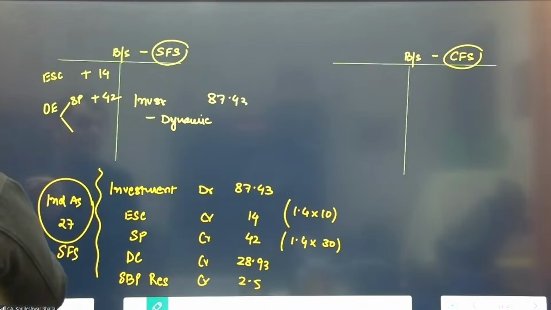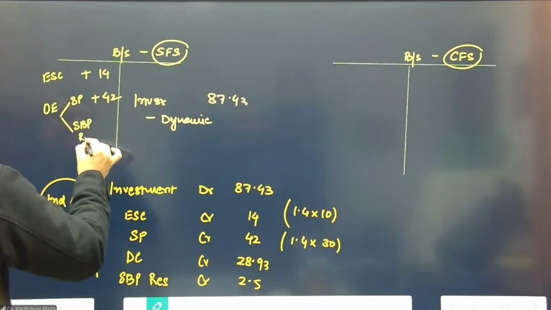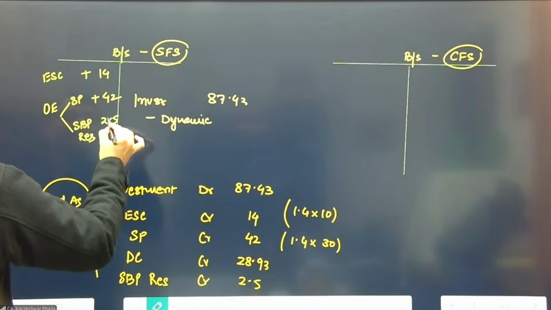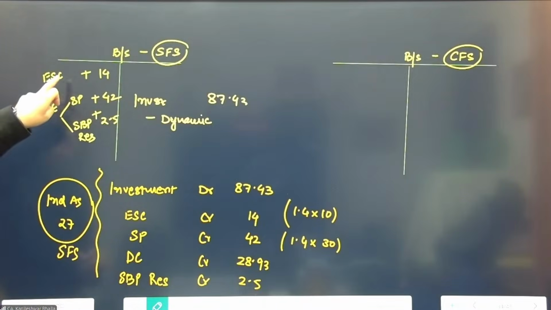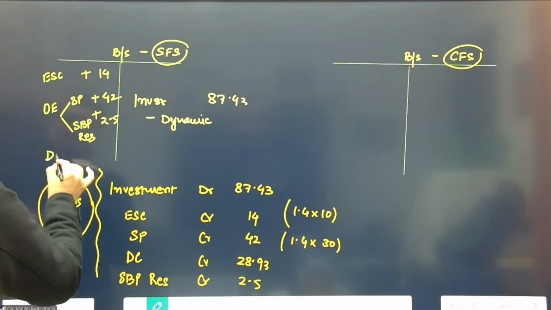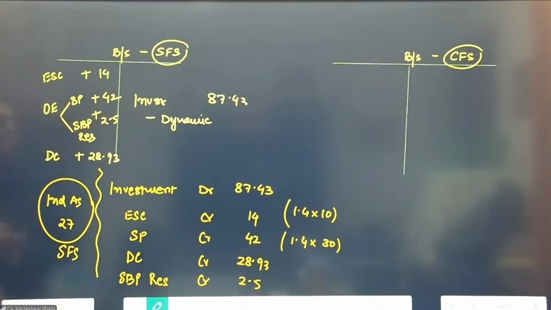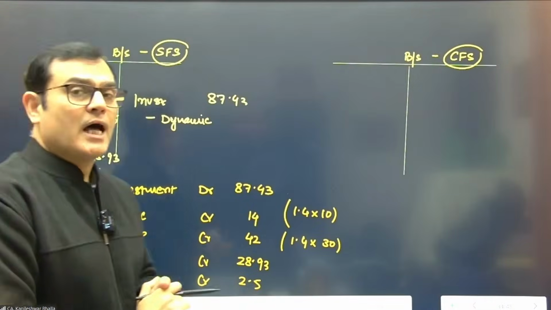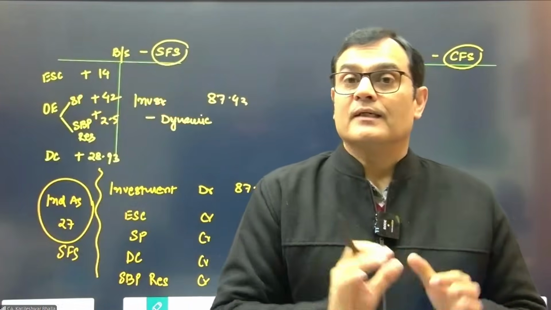And you will include the amount of SBP reserve in other equity, and that is to the extent of 2.5. So you can say the share capital gets incorporated in the share capital, the premium in the other equity, the SBP reserve in other equity, and the deferred consideration will be captured separately at 28.93. This is how the separate financial statements will look like.